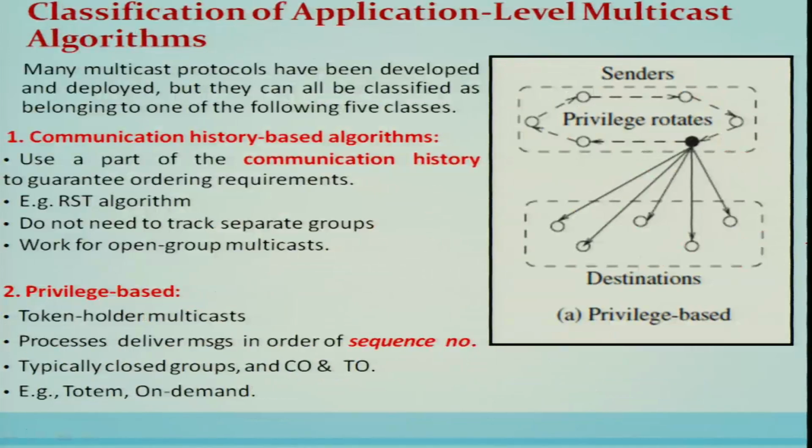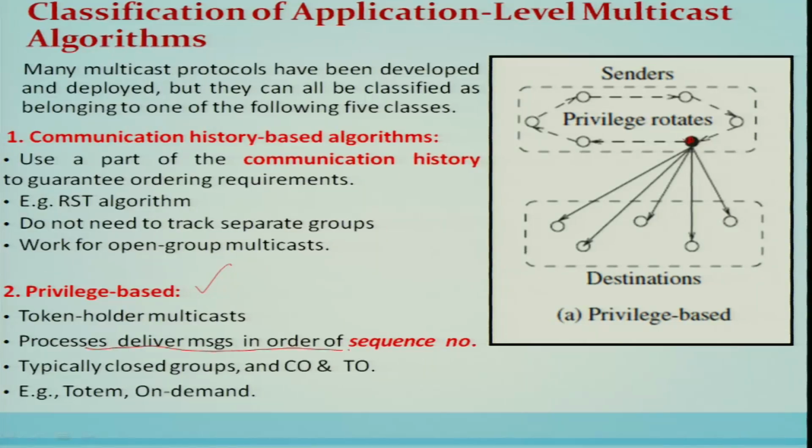Now there are various classifications of application level multicast algorithms. There are 4 different classes of multicast algorithms. The first one is called privilege based algorithm. In the privilege based algorithm, the token rotates, and the node which is having the token will be allowed to send to the destination.